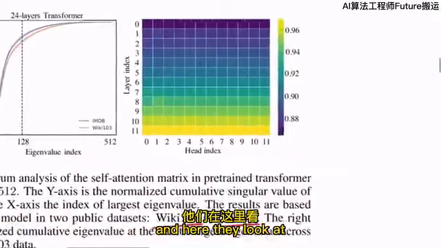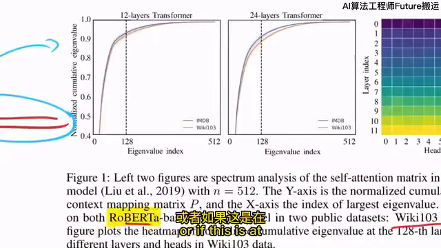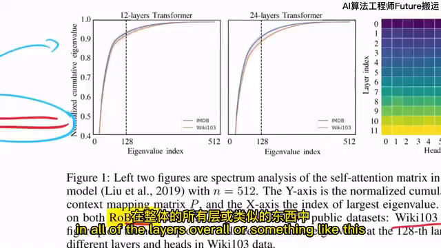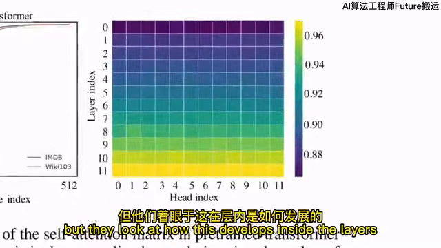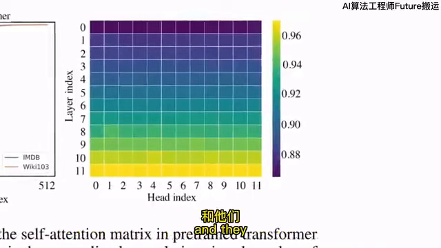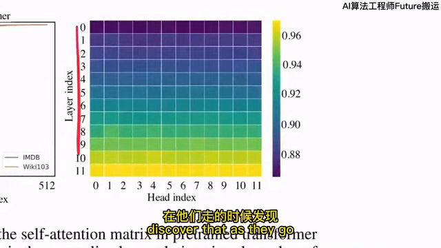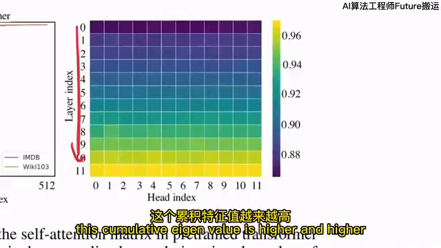And here they look at, I don't actually know at which layer this is, or if this is in all of the layers overall or something like this, but they look at how this develops inside the layers. So they always look at the 128th eigenvalue, and they discover that as they go deeper and deeper into the network, this cumulative eigenvalue is higher and higher.